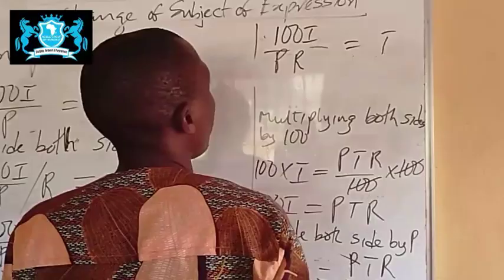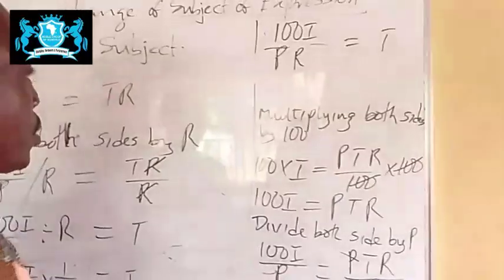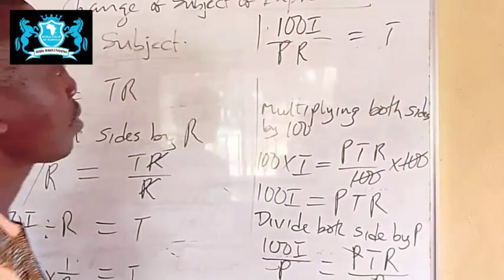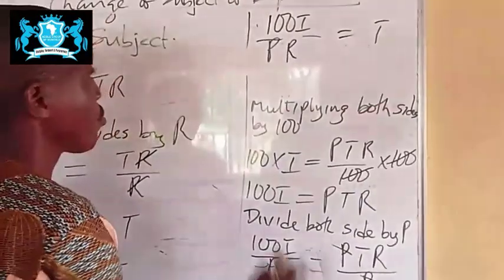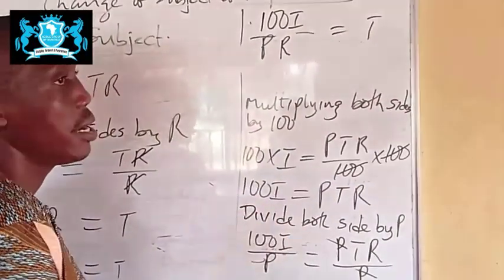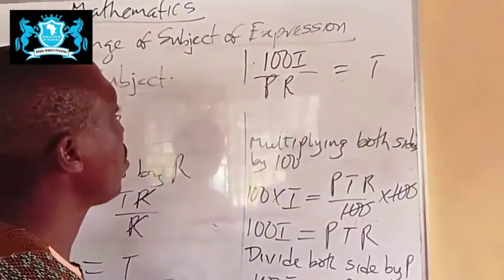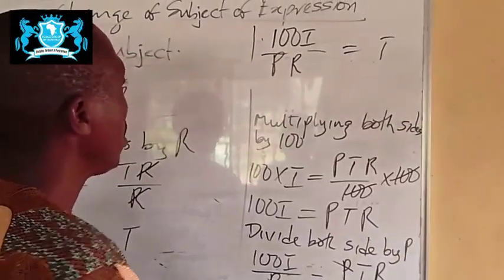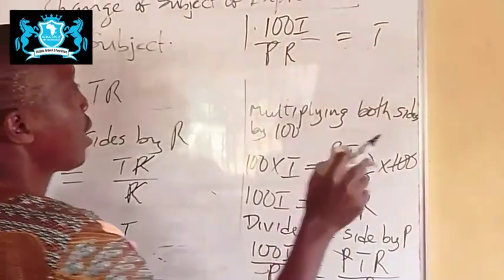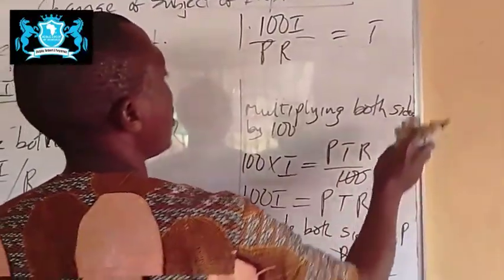We can say that we have made T the subject of the expression, but it's conventional to have the subject at the left-hand side and the independent variables at the right-hand side.